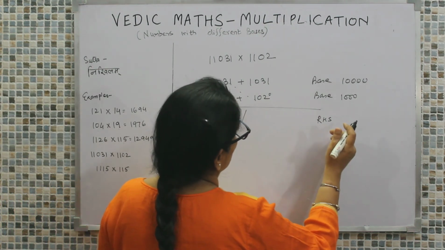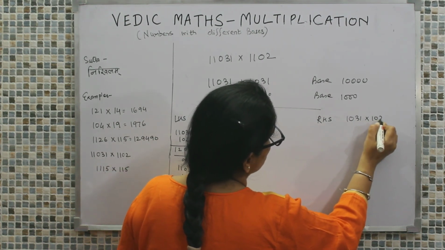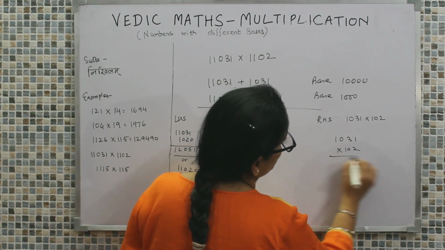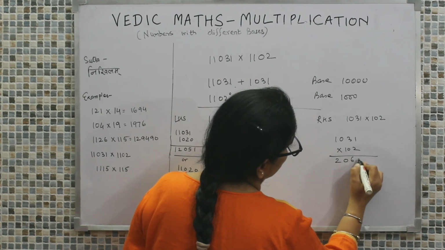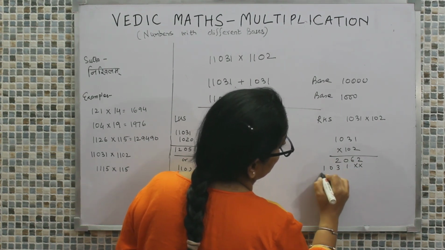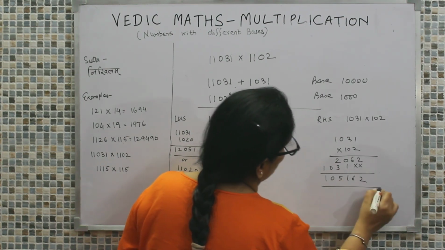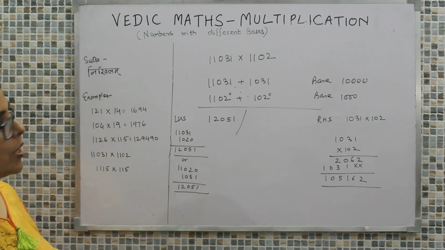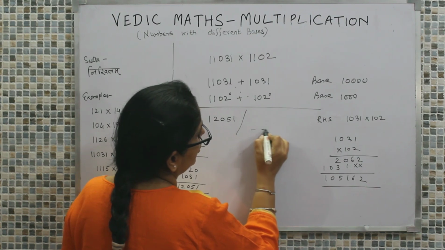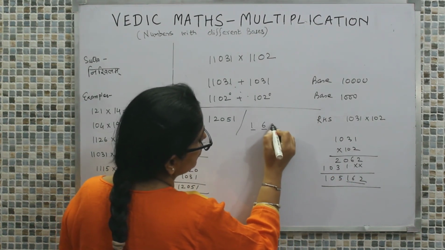Next, for the RHS. RHS will be 1031 into 102. So 1031 into 102 is 105162. Now identifying the number of places which have to be retained in the RHS. RHS needs to maintain 3 places, 1, 2, 3. For 3 places we need to keep 162.